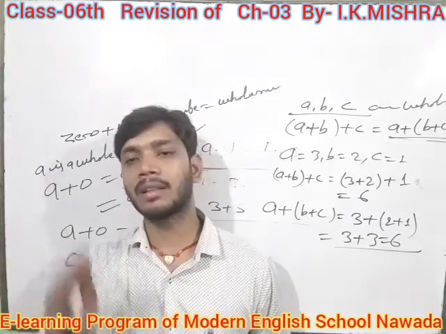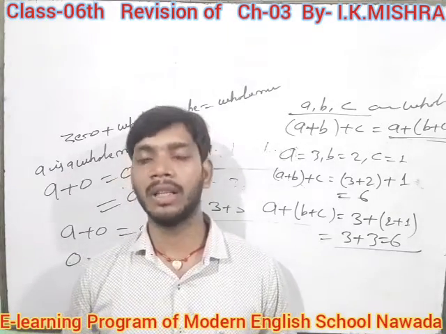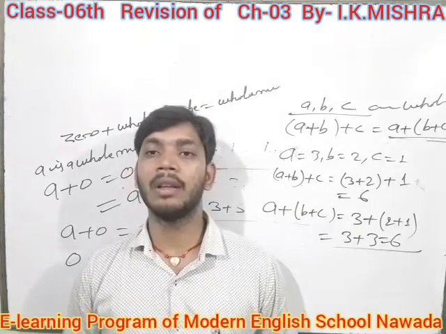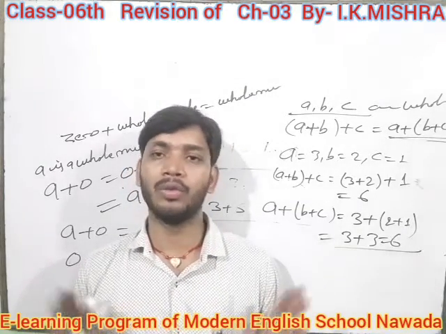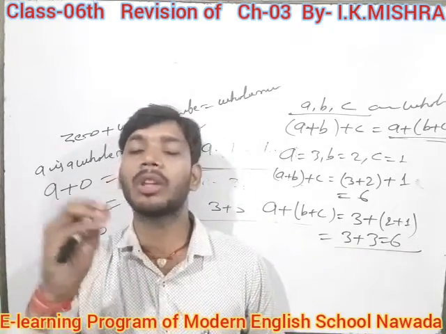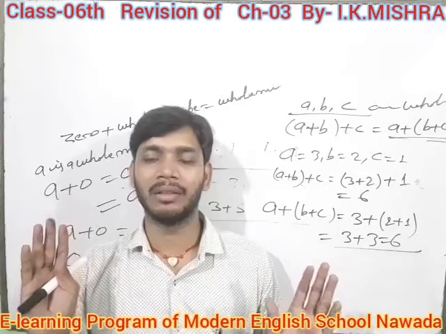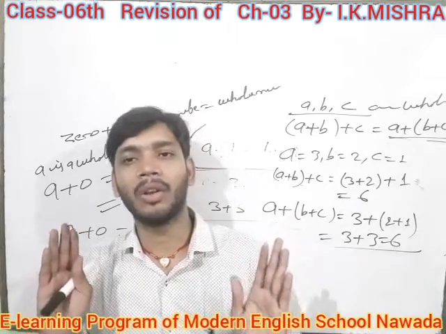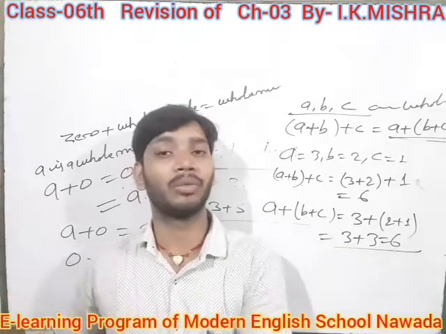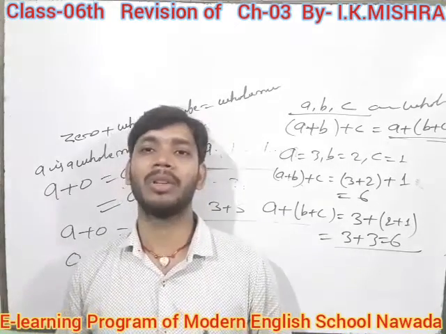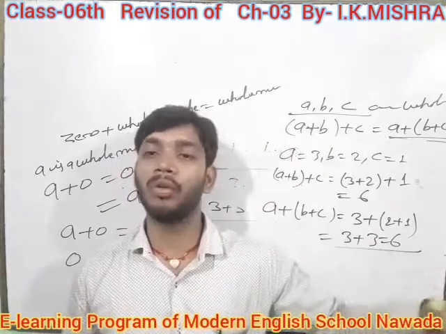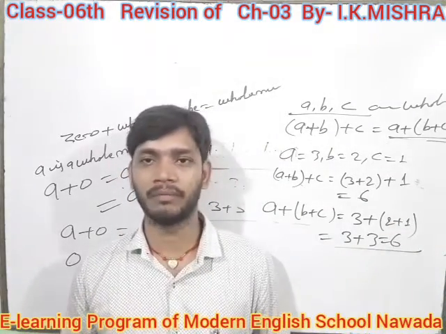Students, in exercise 3C you have to study the subtraction of whole numbers. In this class you do not have to study how to subtract two numbers. This was already studied in previous classes. Here, students, only know which properties are followed in subtraction of whole numbers.